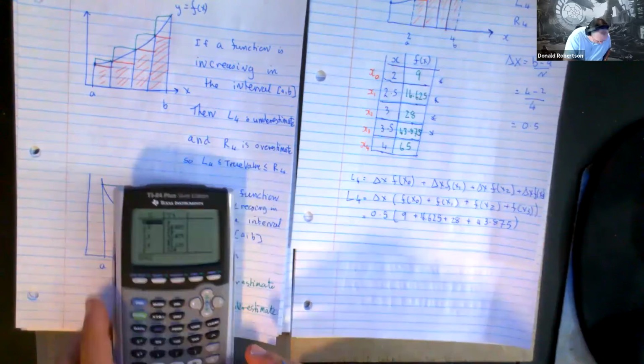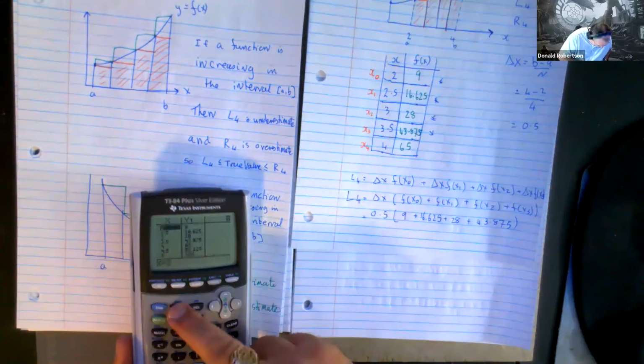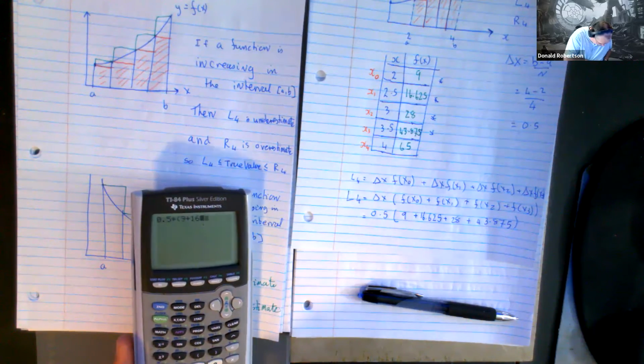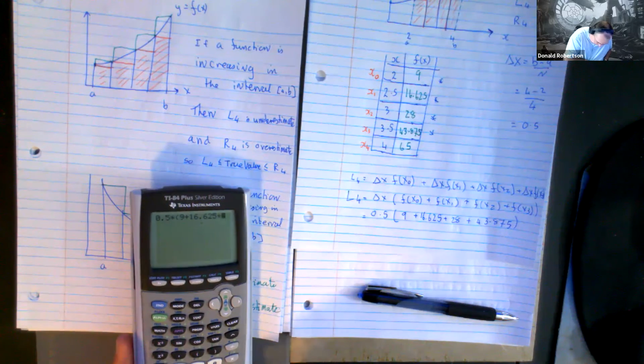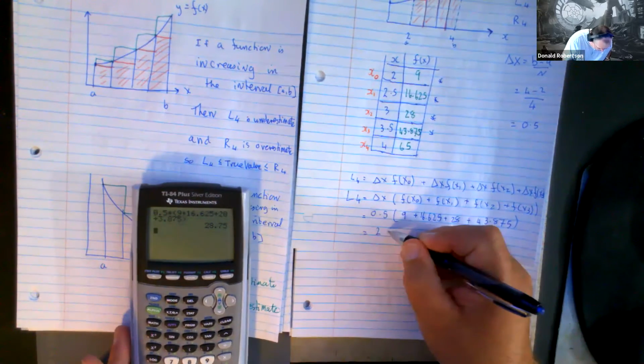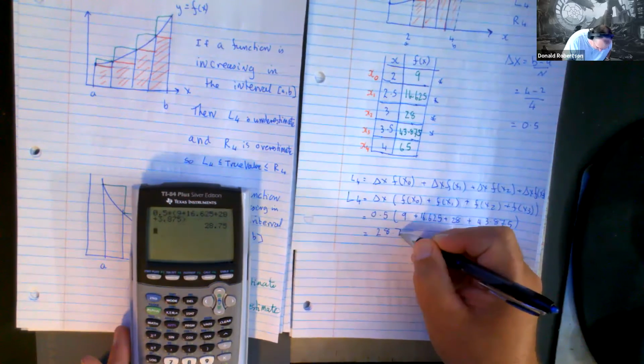Got my calculator. And I'll go 0.5 times, put a bracket around it, add those 4 guys together. And the answer I get is 28.75.